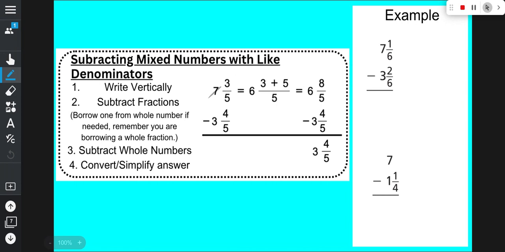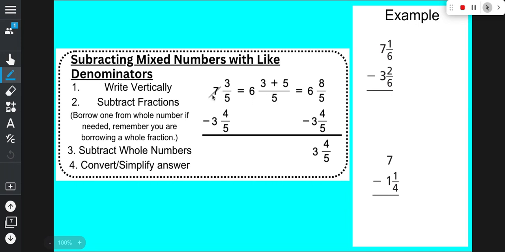So when we borrow, we are borrowing whatever the total number on the bottom is. So we can add that bottom number to the top. We are not just adding 10 to it, like when we borrow from a whole number to a whole number. So what we are borrowing is a whole fraction.